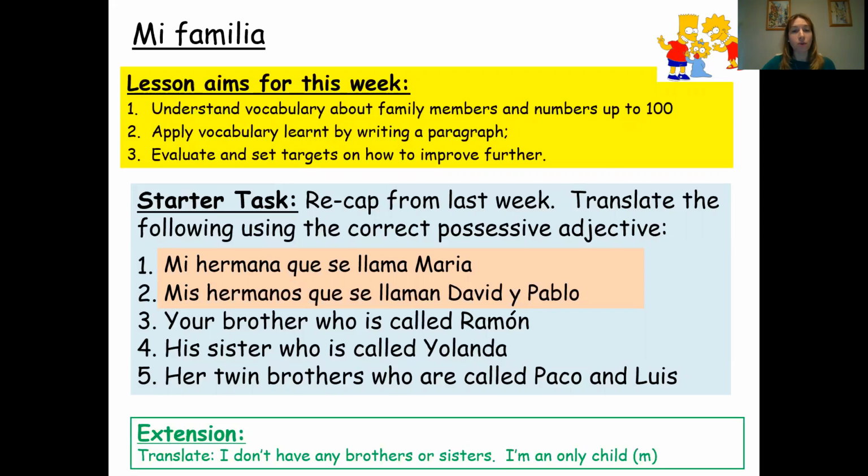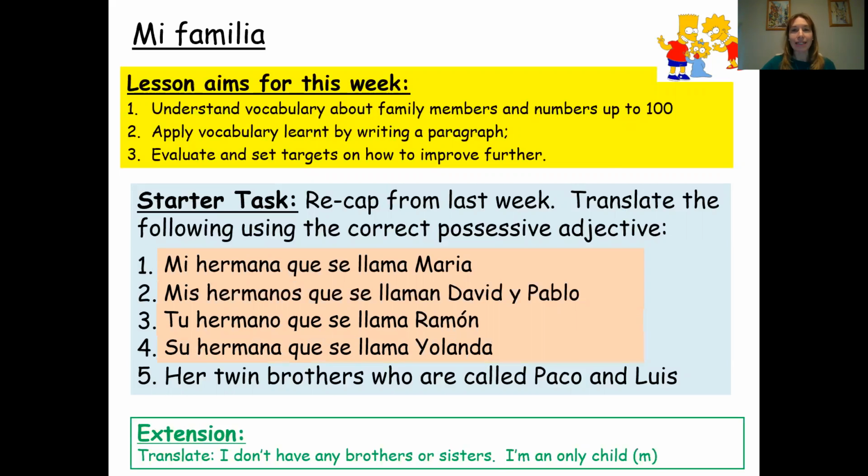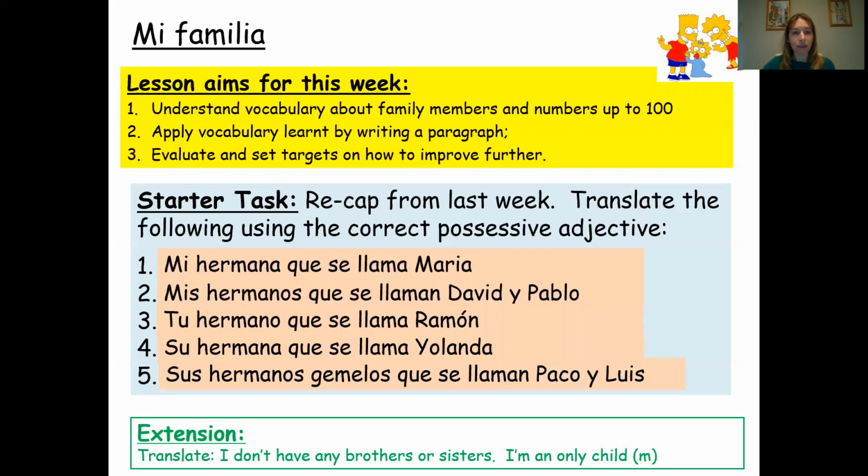Your brother who is called Ramón, tu hermano que se llama Ramón. His sister who is called Yolanda, su hermana que se llama Yolanda. Her twin brothers who are called Paco and Luis, sus hermanos gemelos. Do you remember that word from last week?